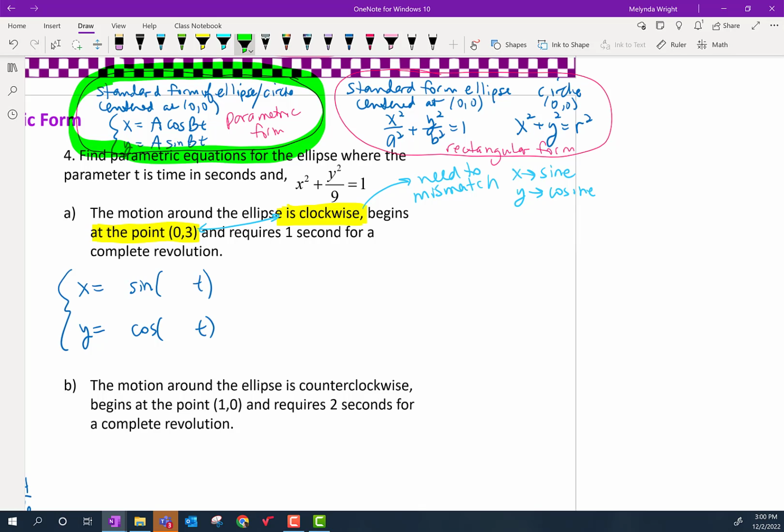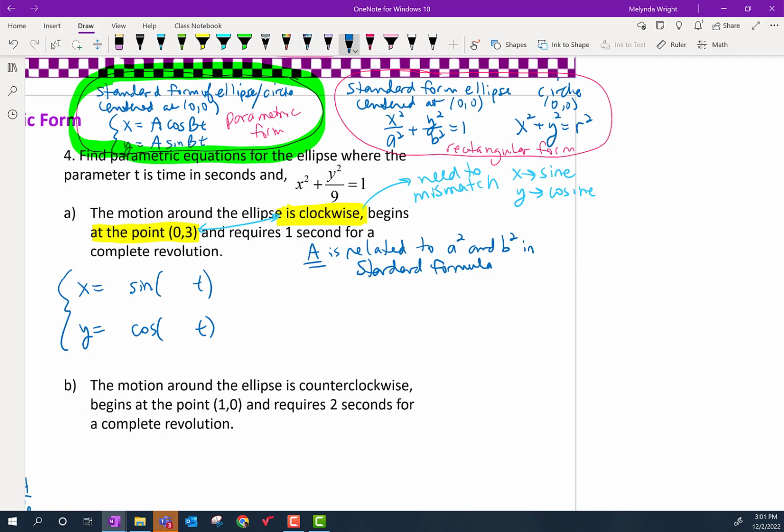So a, let's start with a. A is related to a squared and b squared in the standard formula. That's A. We're going to do A first.